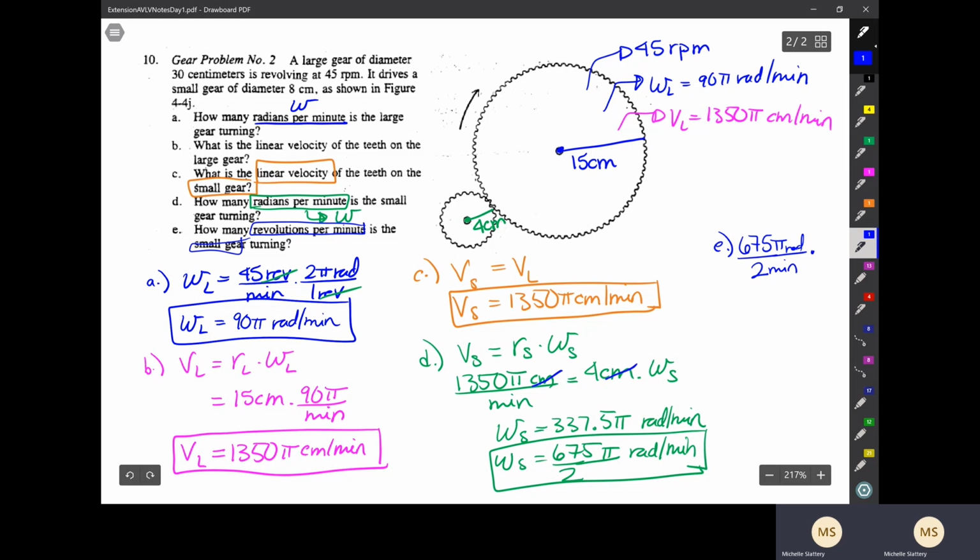I'm just going to multiply that by 2 pi radians per 1 revolution. Now I can cancel out radians and I'm left with revolutions per minute, which is exactly what I want. I can also cancel my pi's, since pi cancels in the numerator and denominator, and I end up with 675 over 4 revolutions per minute. All right, and that concludes the extension of angular and linear velocities.